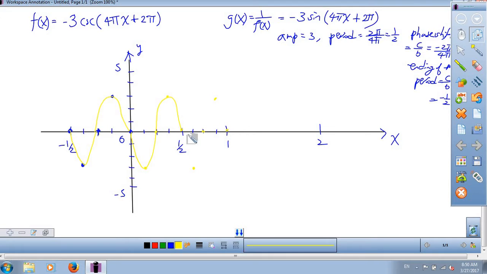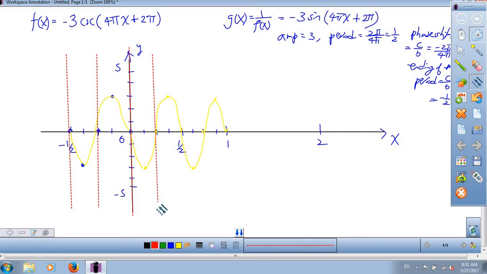This keeps going, but to graph cosecant, we are going to have to put an asymptote whenever sine equals 0. This is an important part of our graph here. Cosecant will be undefined when sine equals 0. That's why we're graphing these asymptotes here.